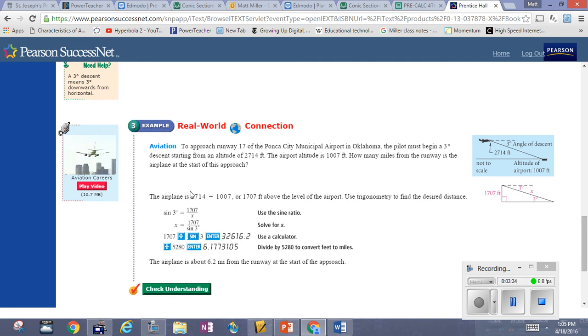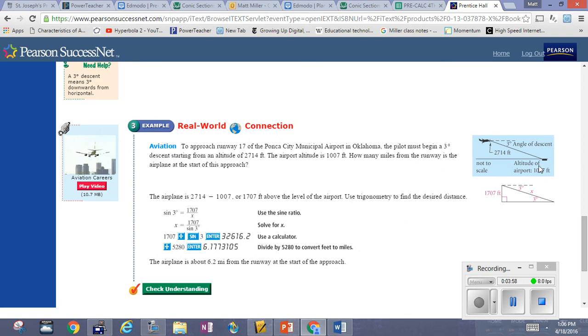So here's what we're looking at. Here's the angle looking down. Here's the elevation of the plane, and the altitude of the airport is 1,007 feet. So actually, he's not dropping this whole distance because the airport is 1,000 feet tall.